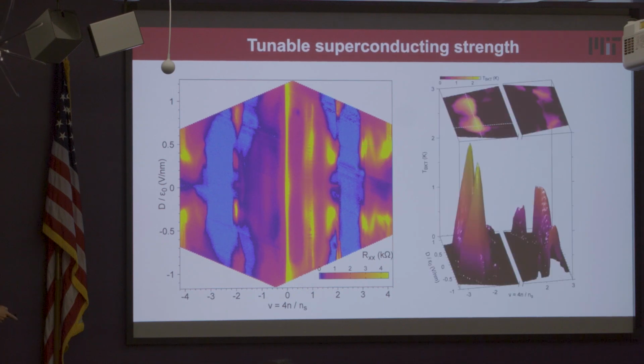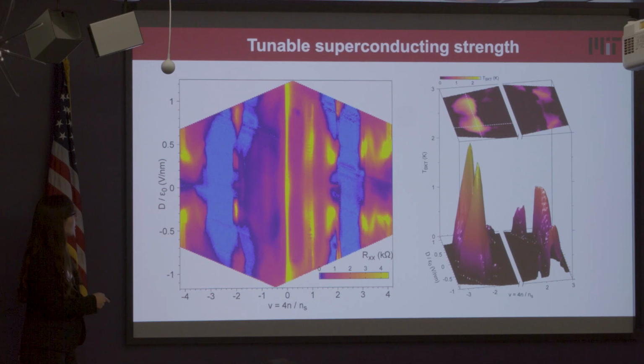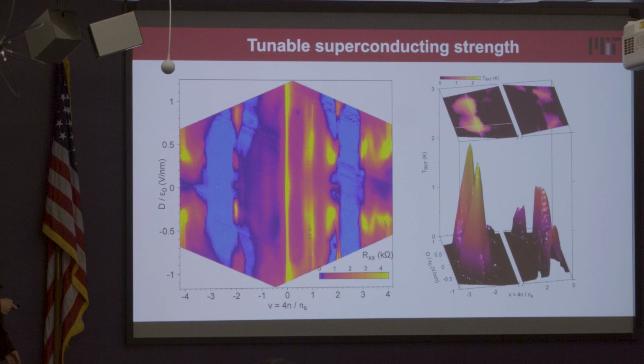We can also see that when we extract the T_BKT, which is the T_c for two-dimensional superconductors, even the T_c has a very large dependence on both the charge carrier density and the displacement field. So we have achieved a very tunable system where we can tune the superconducting strength throughout the entire phase map in a single device, in a single cooldown.